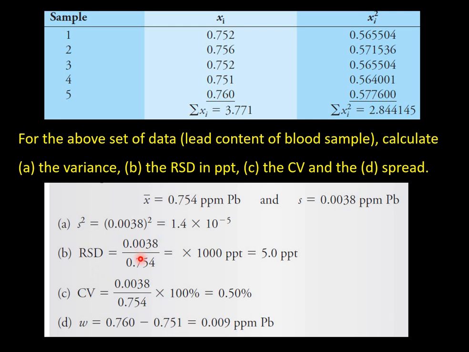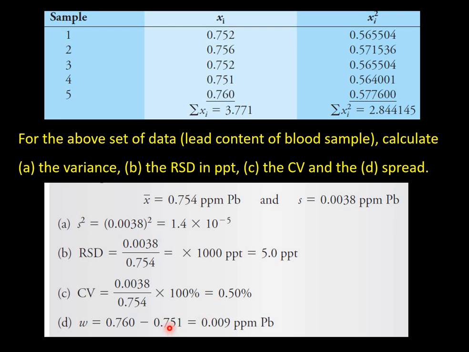RSD is S by X average. So S is given, X average is given. So that is this by that into 1000. So that is the RSD in ppt, right? And CV is the same ratio into 100 this time, and that gives you 0.50%.